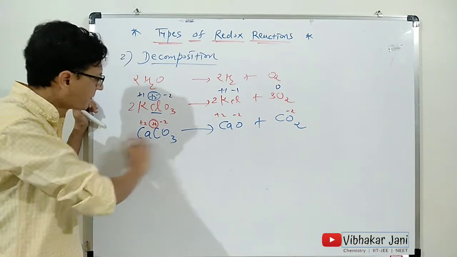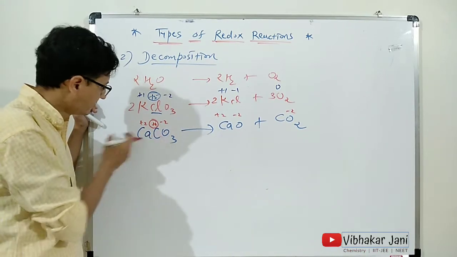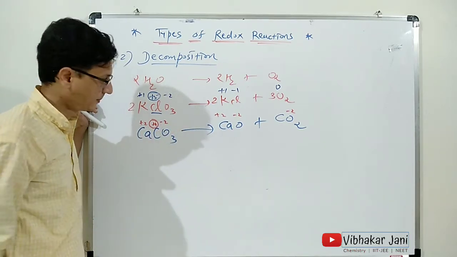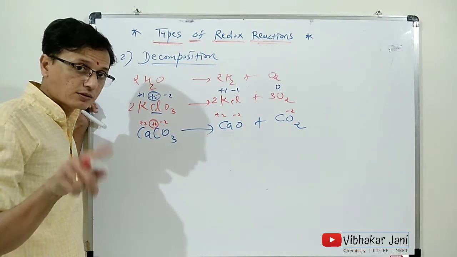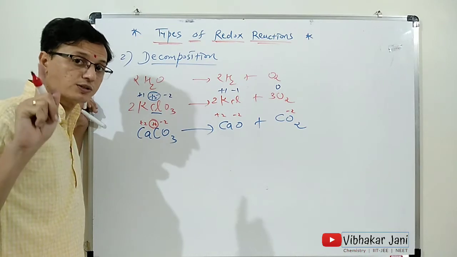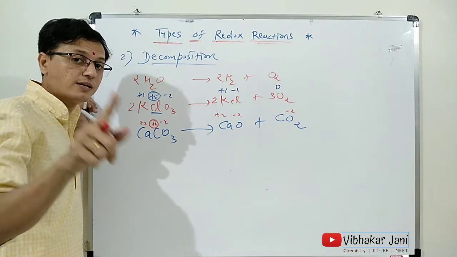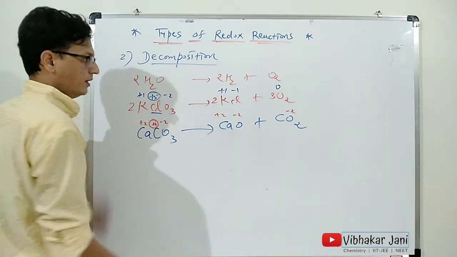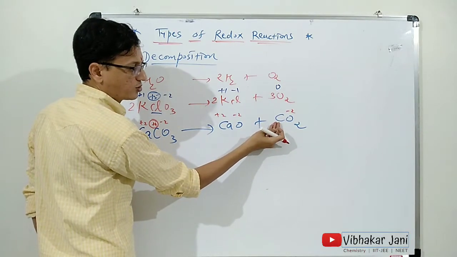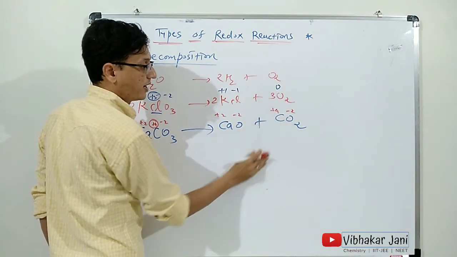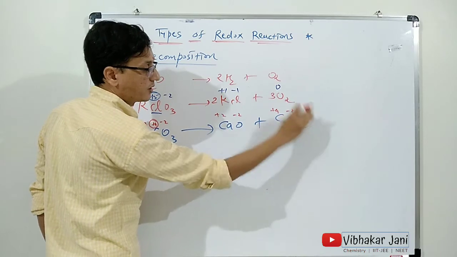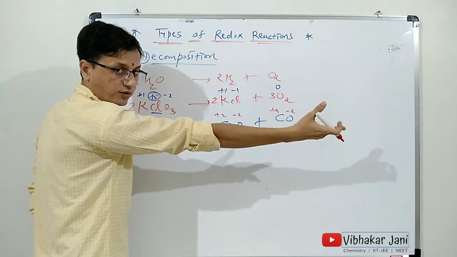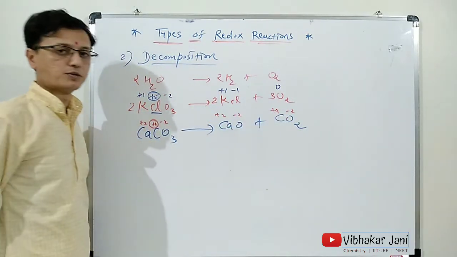That's why I am rapidly writing the oxidation states of these elements. If you have any doubt, just watch the previous videos about oxidation number calculation. Okay. Now here this carbon also has oxidation state +4, because -2 times 2 is -4, and if that goes to the other side, it gives us +4.